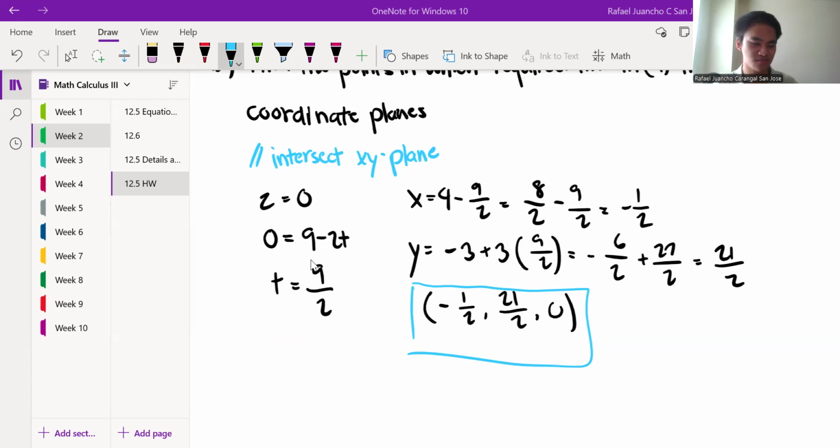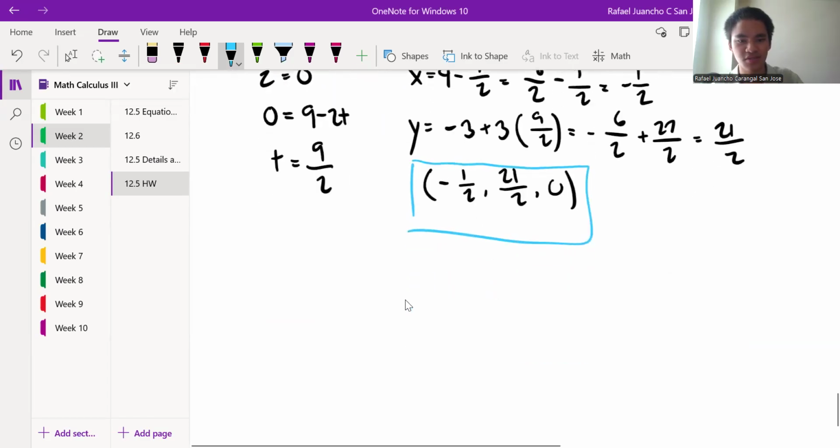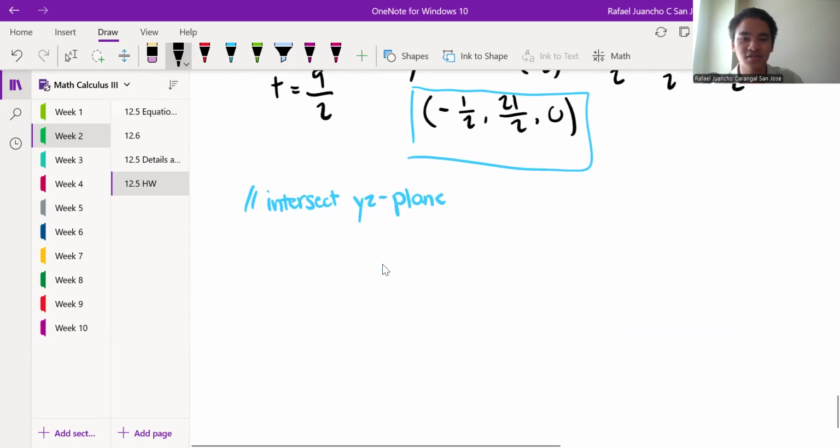So same idea. What's the next one? You want to intersect the YZ plane. So what's the condition? If we're on the YZ plane, it means that x is 0.